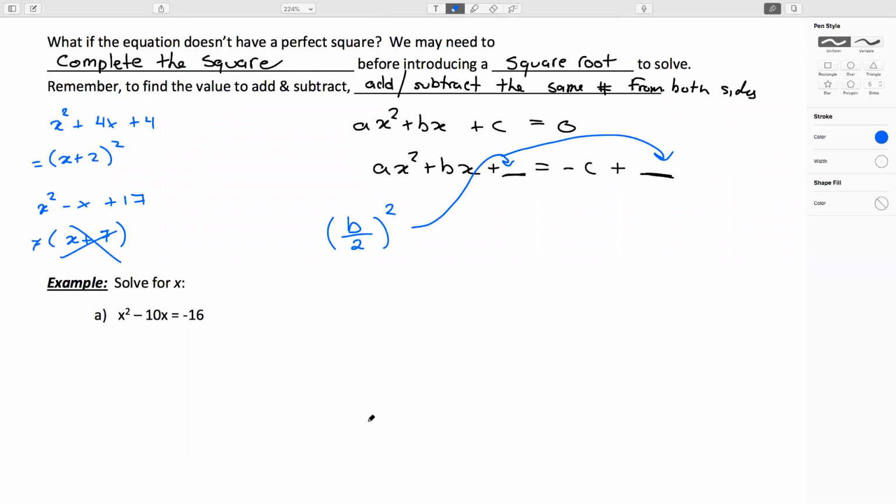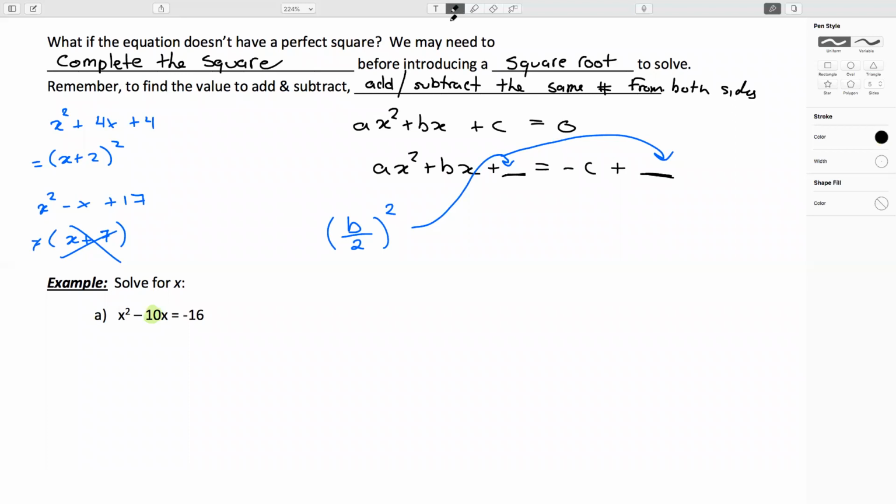Let's do a question. X squared minus 10x equals negative 16. First thing we need to do is figure out what to add to turn the left side into a perfect square trinomial. In this question, b is negative 10, or we can just say b is 10.